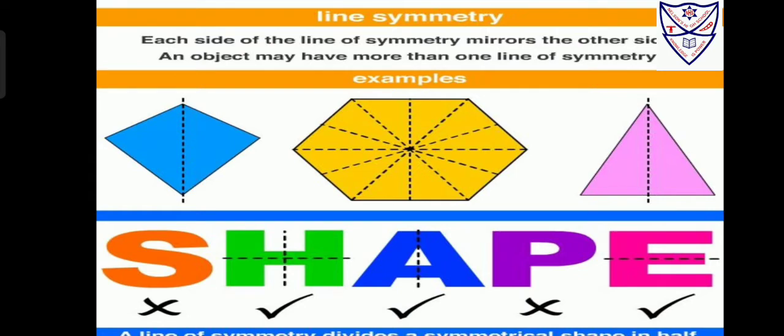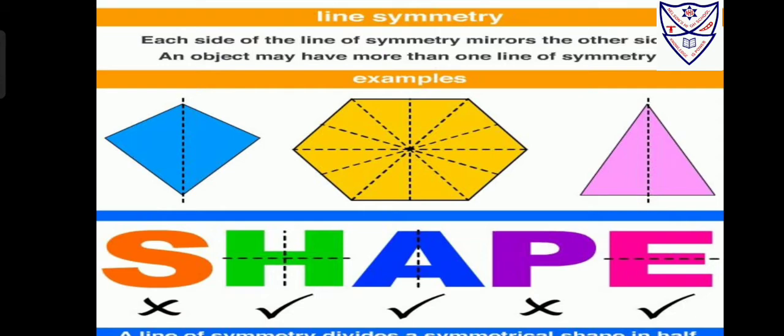Here see, this shape is a hexagon, and in that there are infinite lines of symmetry. Now we can take this example also, shapes. S you cannot divide properly into two equal parts.